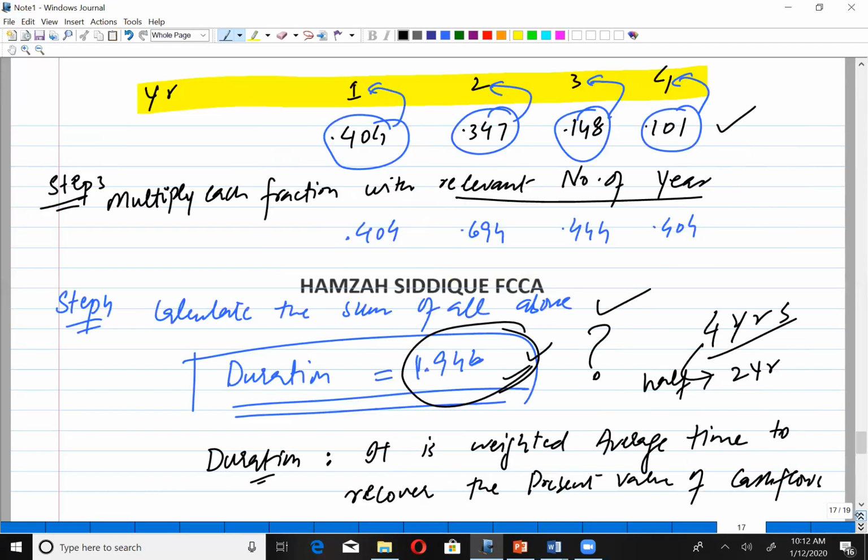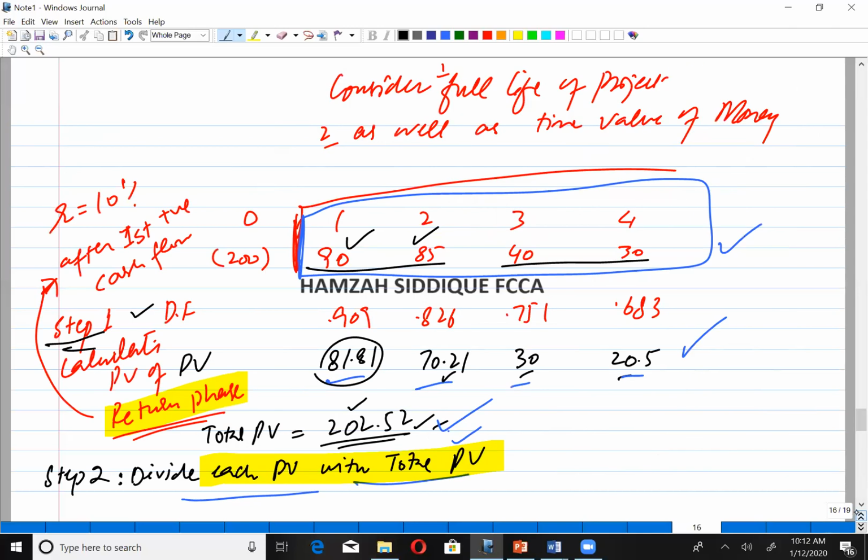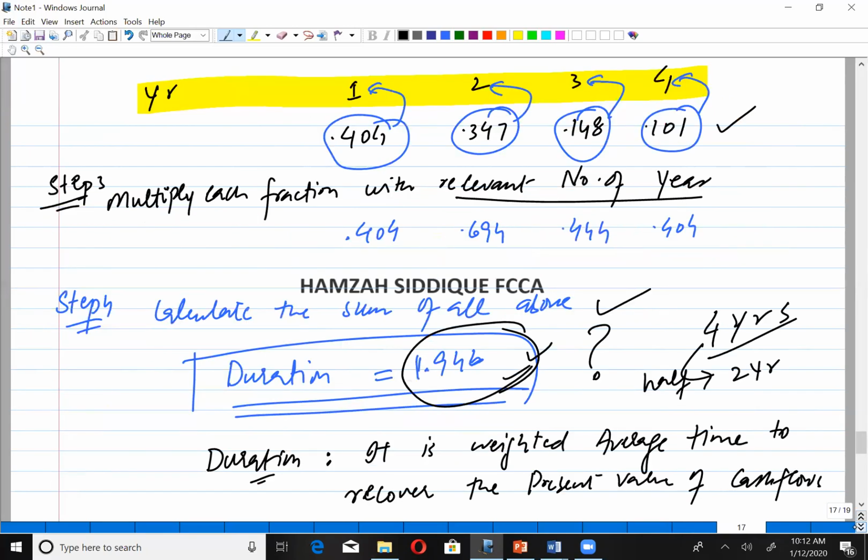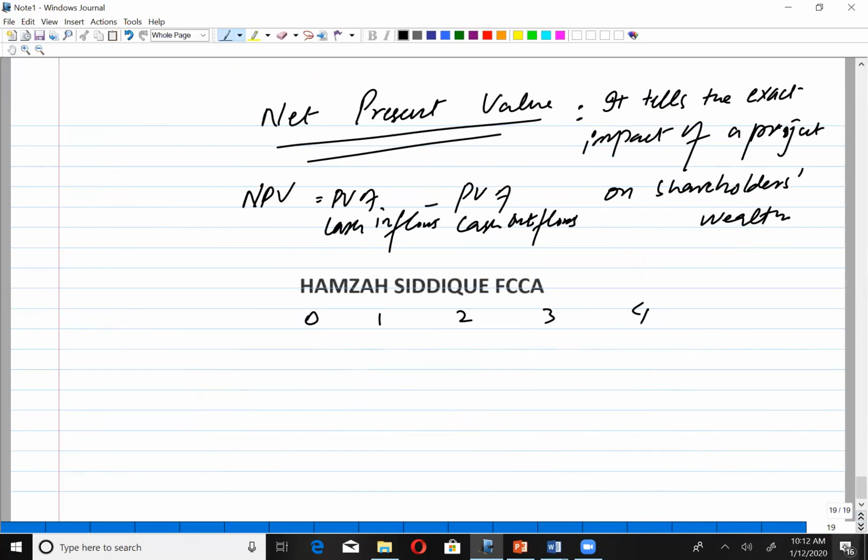The project has cash flows as follows: 200, 90, 85, 40, and 30.